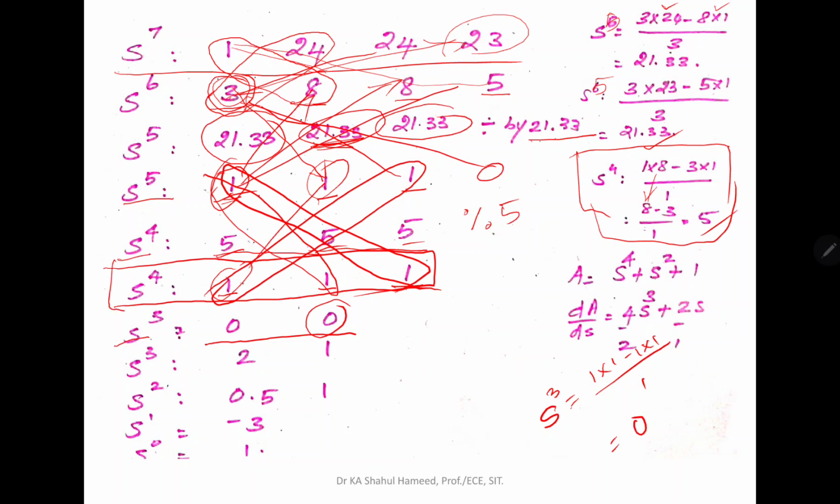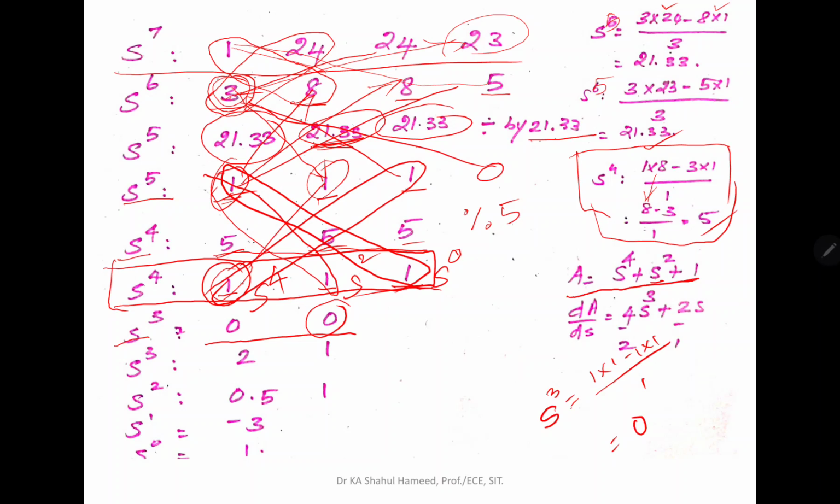We form the equation from the previous row of the all-zero row. The first element is the coefficient of S power 4, and the others are the coefficients of S square and S power 0. So we form the equation A is equal to S power 4 plus S square plus 1.